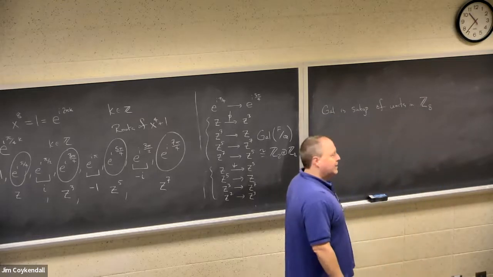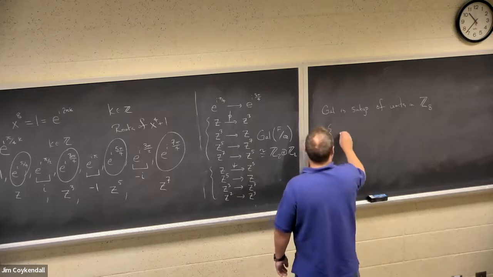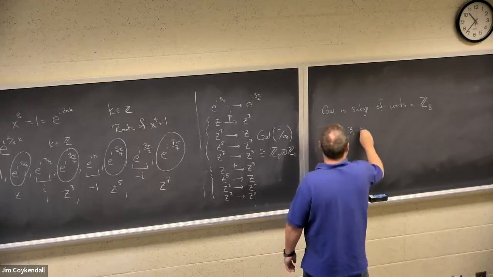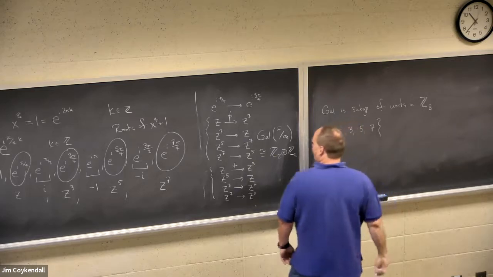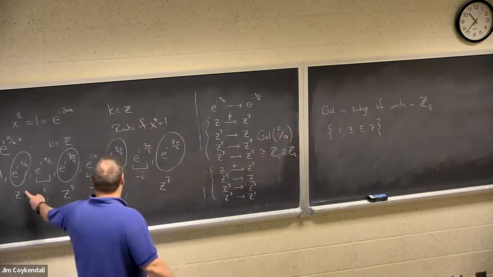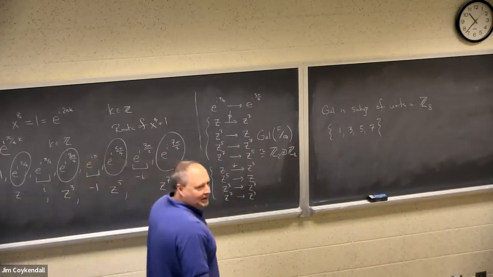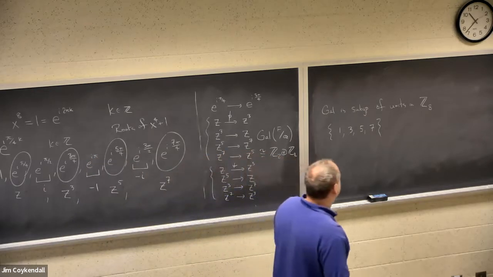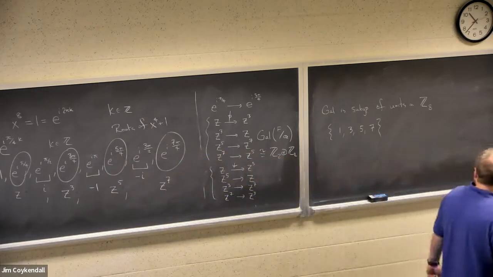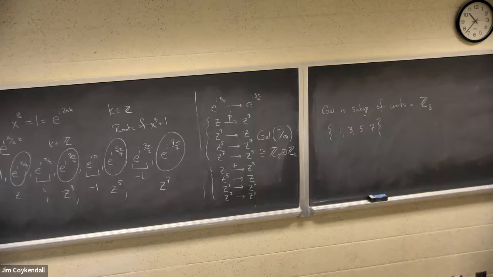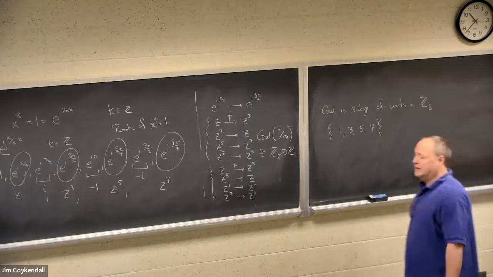Remember that last statement? The units of Z8 in this case are 1, 3, 5, 7. Not a coincidence. All right. And in fact, it's the full deal.